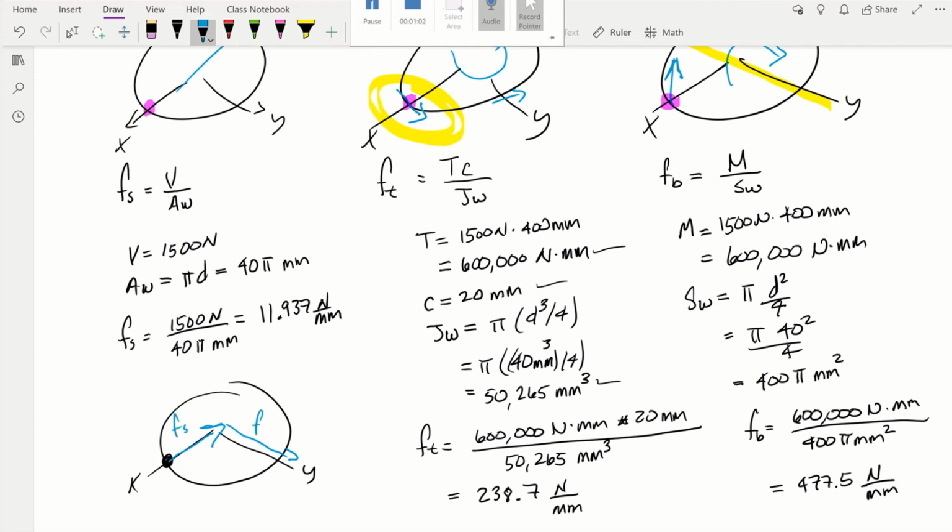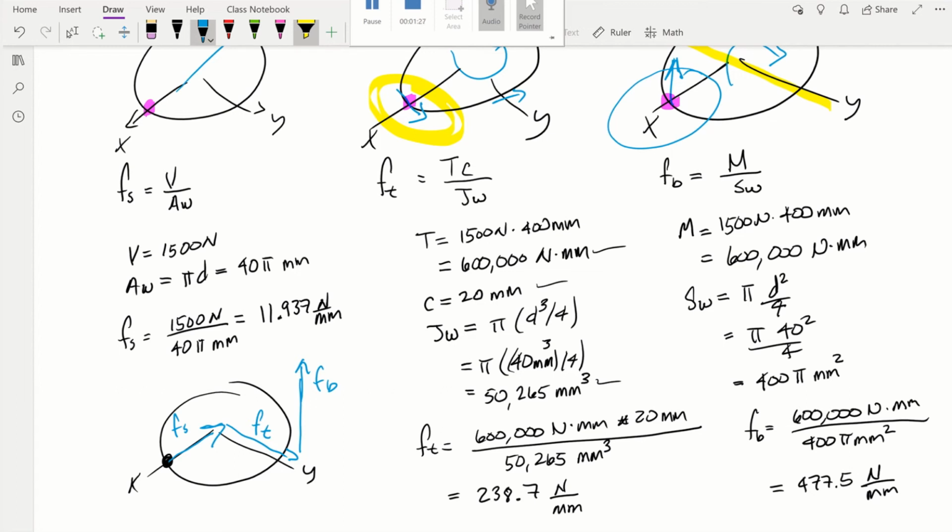This is Ft. And then the bending one, which is this one way at the right hand, is trying to tear this up, right? So we have here in the Z direction, Fb.